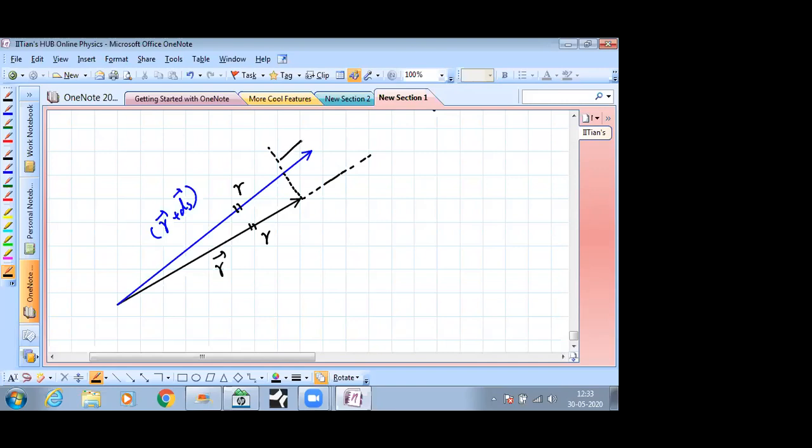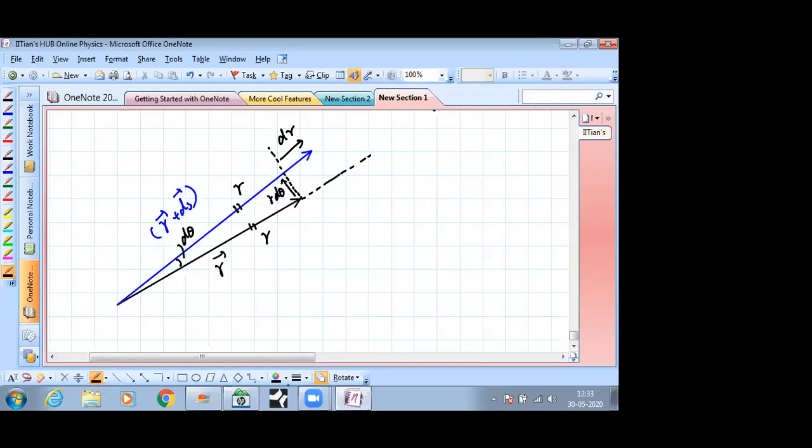This becomes dr, this small length from here to here, and this small length from here to here, because this is d theta, becomes r d theta, which is small.